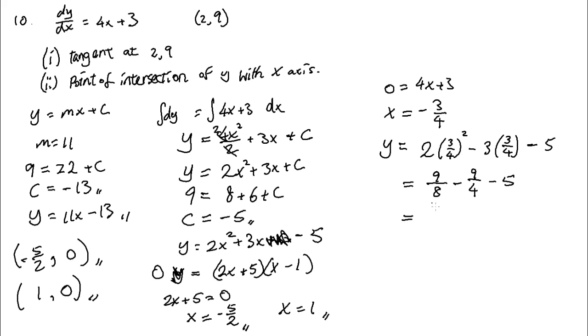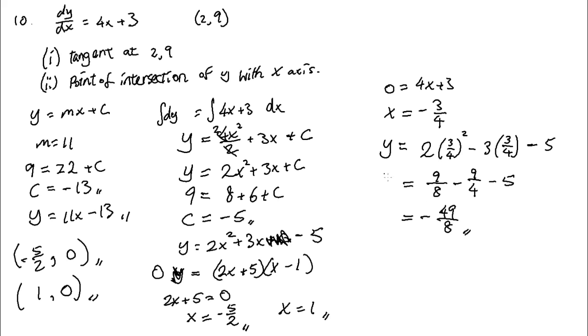That gives a negative value as expected, because we have a minimum point below the x-axis. So 9 divided by 8 minus 9 divided by 4 minus 5 gives you minus 49/8.